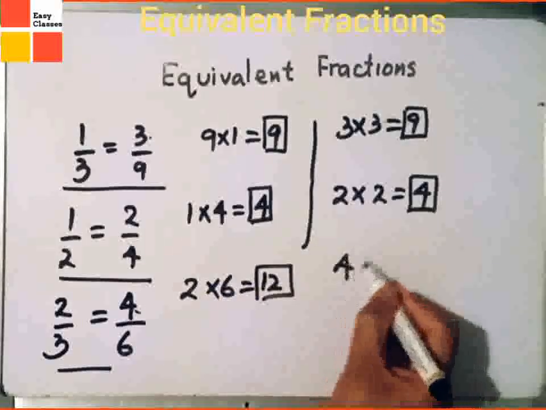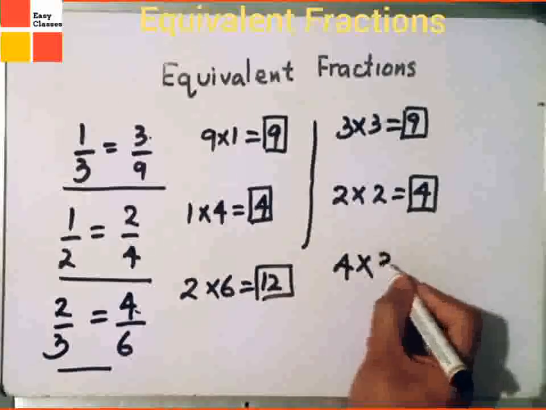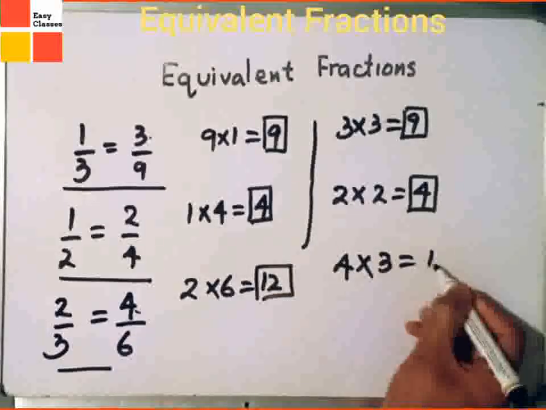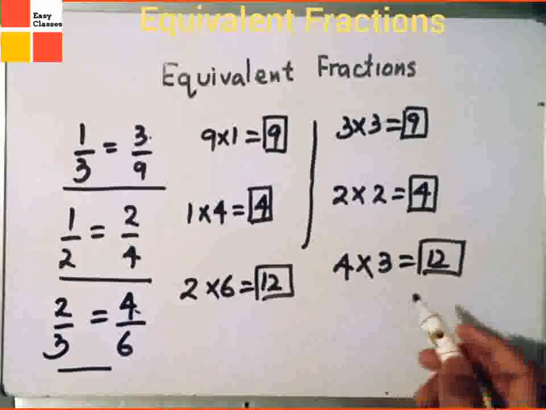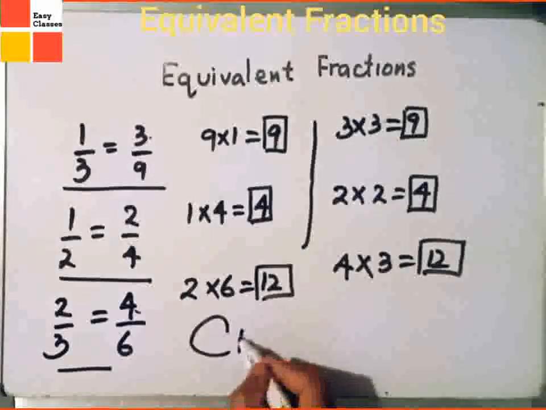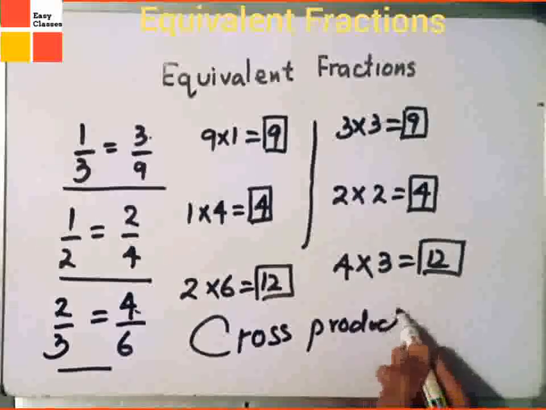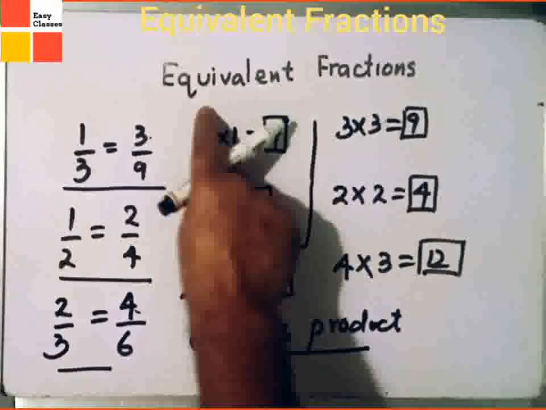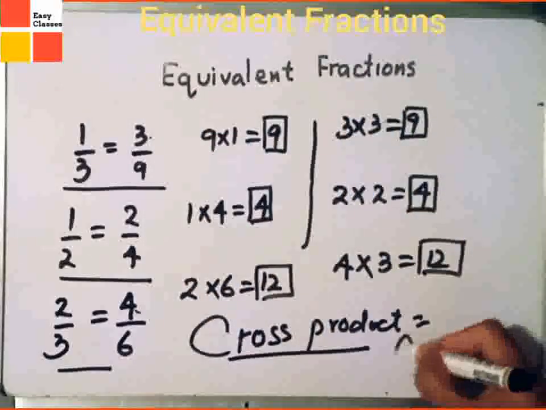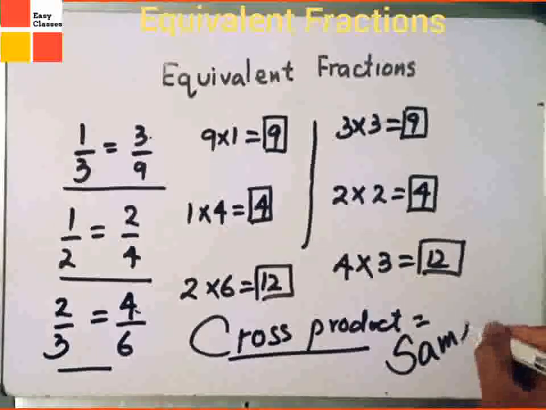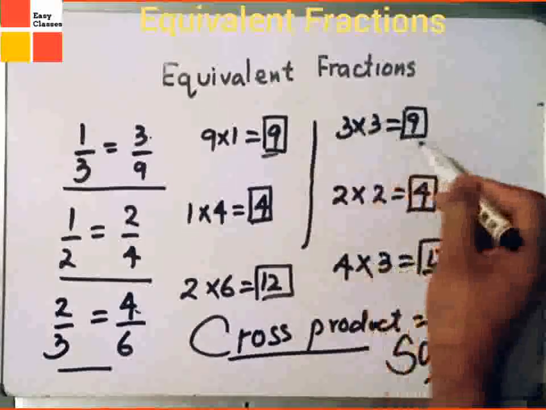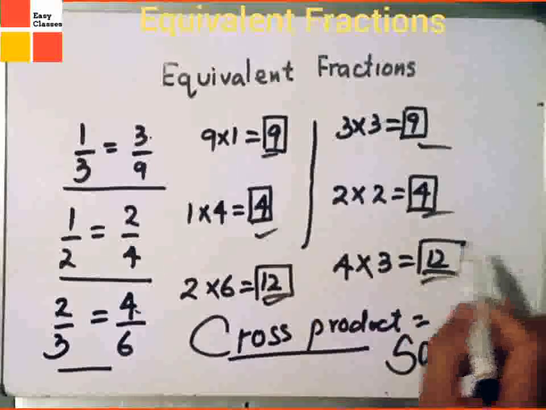Numerator of second and denominator of first. Remember, the cross product of equivalent fractions is always the same, that is, equal. See, 9 9, 4 4, 12 12, right?